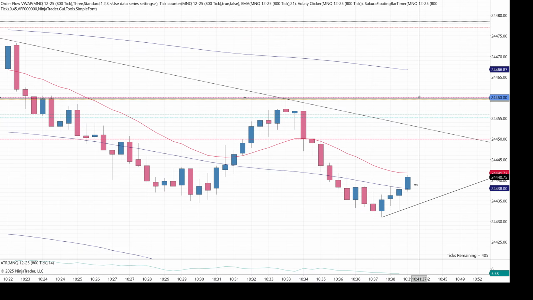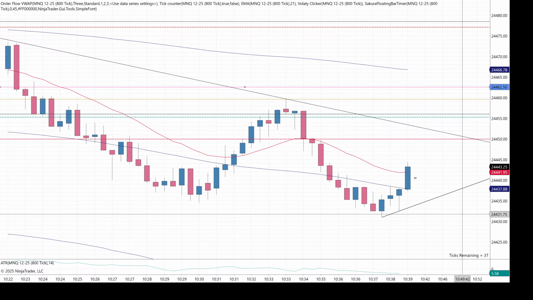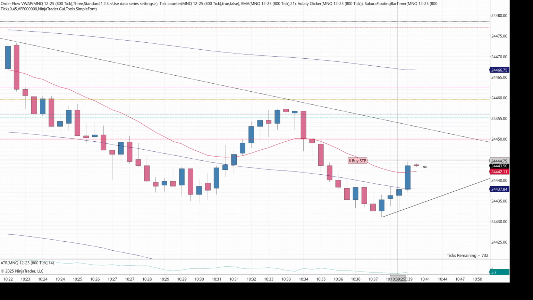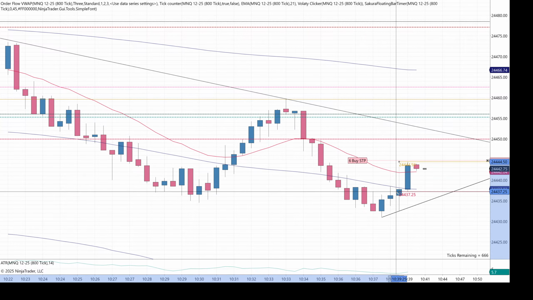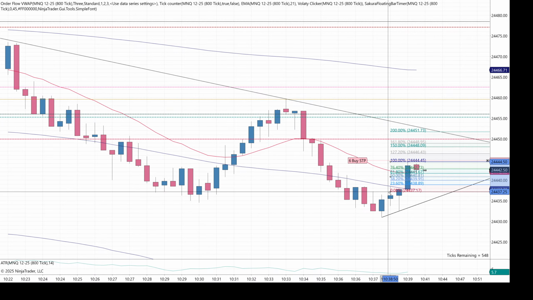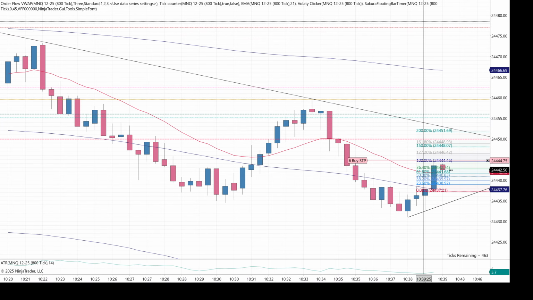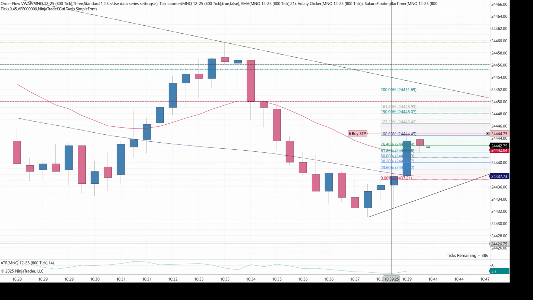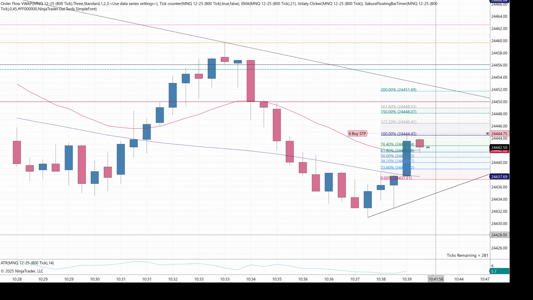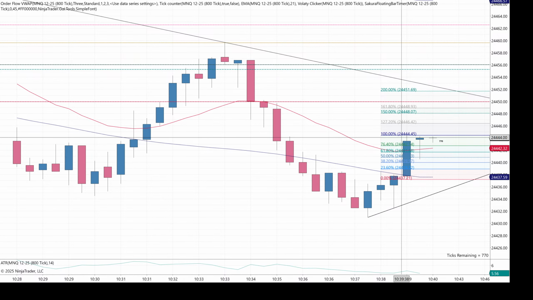We might be getting a bullish trigger here. See if bulls decide they want to step in or not. Doesn't look like it. Okay, canceled.